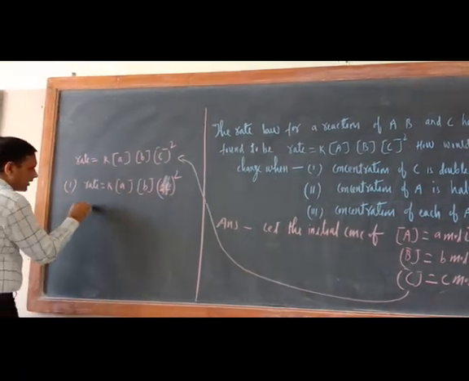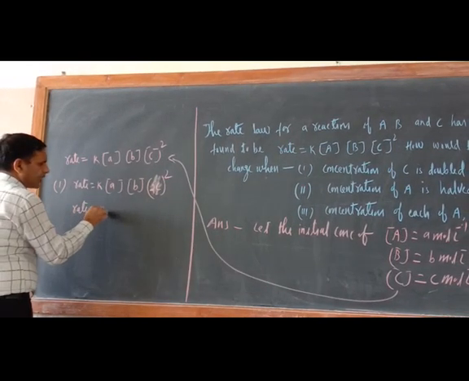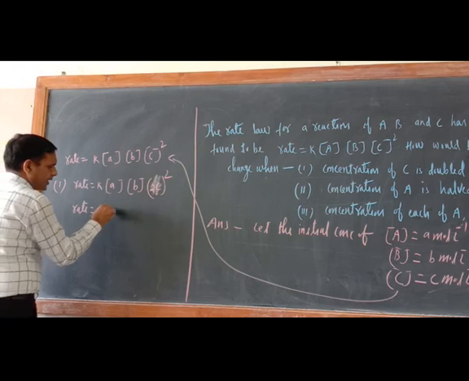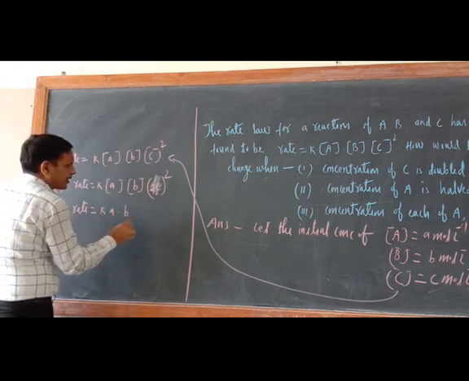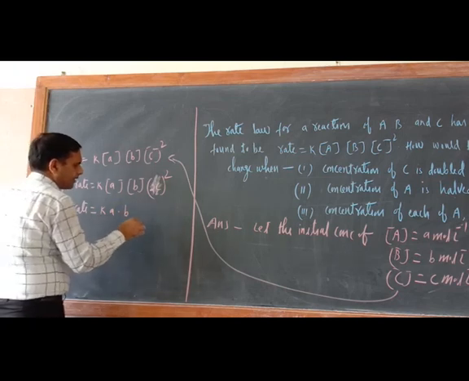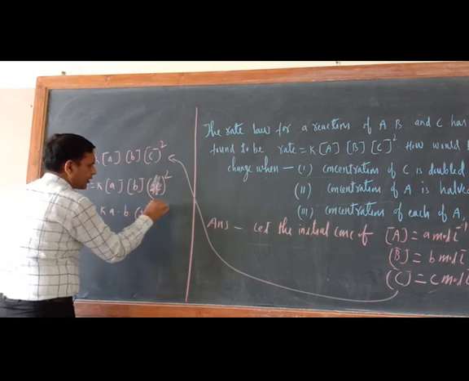So the rate equal to k[A][B] and here it will become (2C) raised to the power 2.